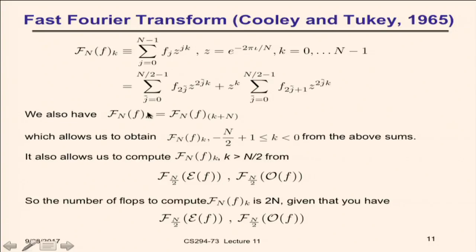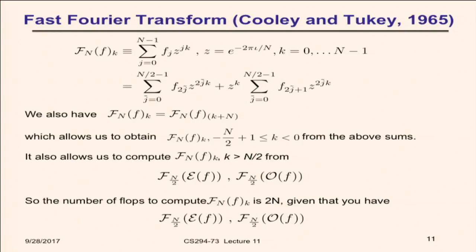So if we know the Fourier transform on the even points, half the size, and on the odd points, half the size, the cost of getting the Fourier transform on all the points is, for each Fourier mode, input this, which you assume you know how to compute, input this, you know how to compute, do a complex multiply and a complex add.